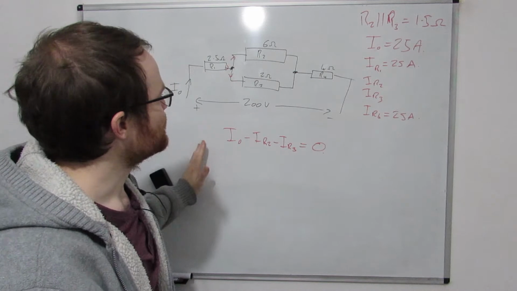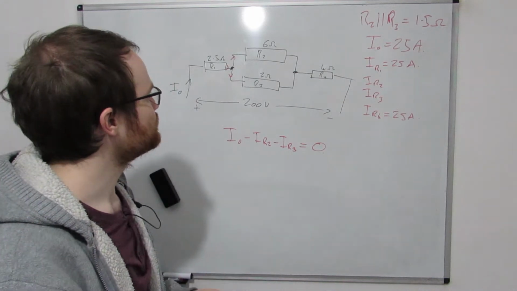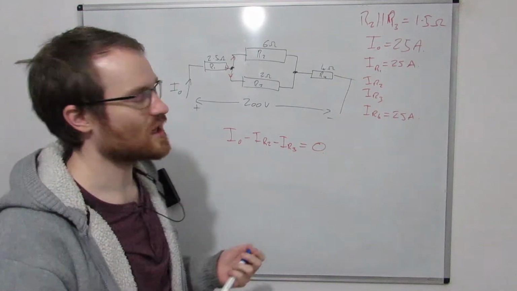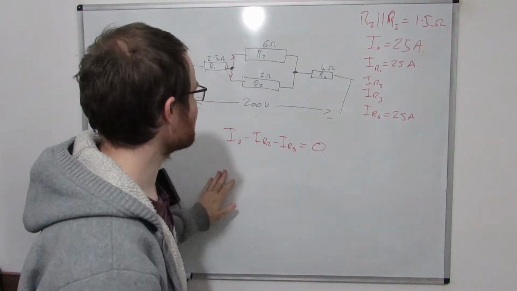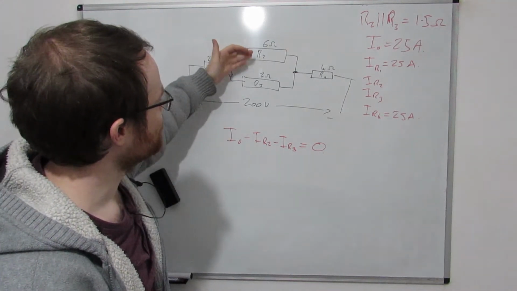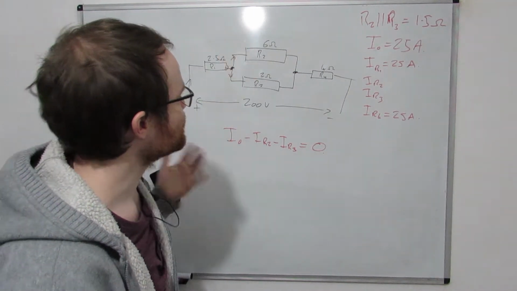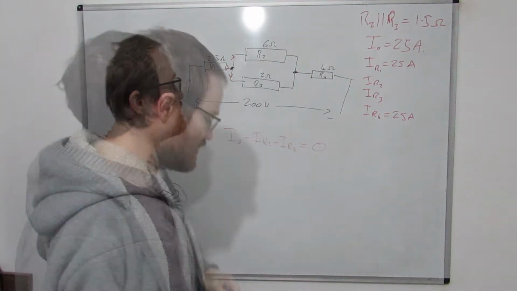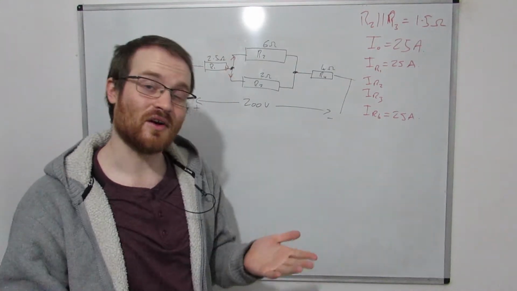But we can just use a bit of our understanding of circuits, and we know that the ratio of these two resistances is also going to be the ratio of the currents. So there's this thing called the current divider equation.